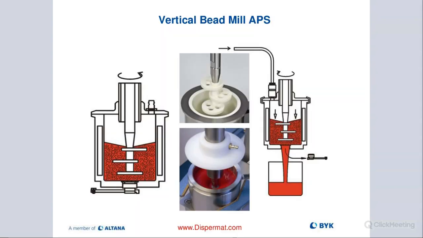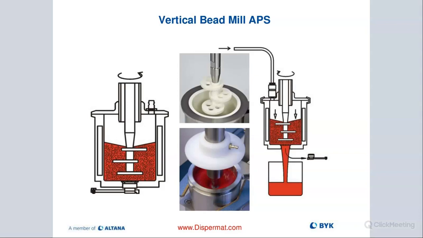laboratory. Not really efficient though when I'm trying to make production scale batches, because I would need a lot of media. We can add the same amount of media as we have material in there. So if I am running 500 milliliter of material, I can add 500 milliliter of beads. Now I get very good milling efficiency, very fast milling.